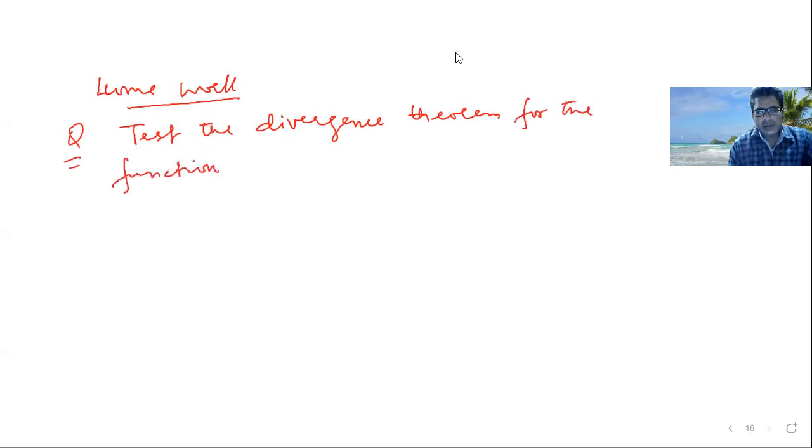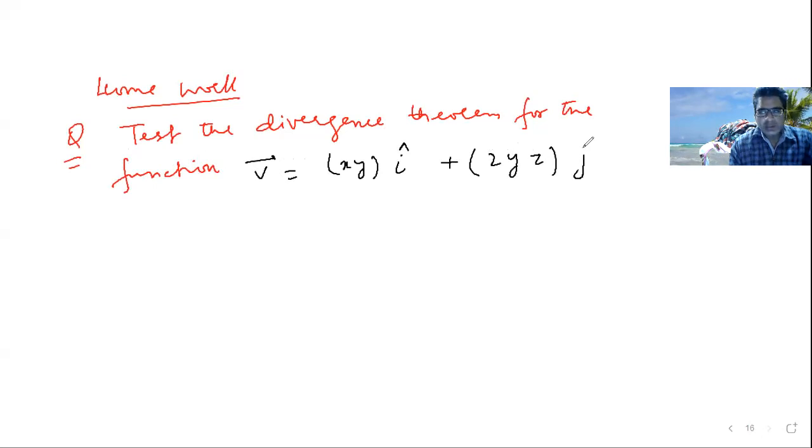What is the function? V is equal to xy i cap plus 2yz j cap plus 3zx k cap.